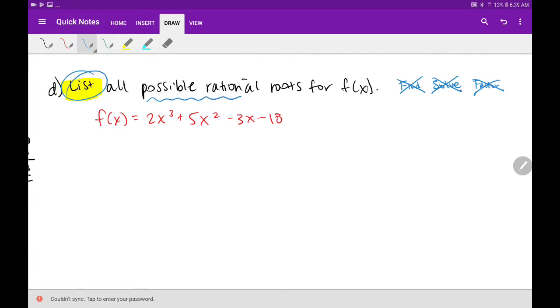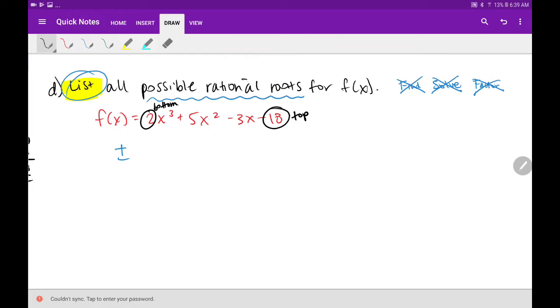So when we're listing possible rational roots, that's when we do the plus or minus, the factors of the constant term at the top, and then the factors of the leading coefficient at the bottom, or in the denominator. That's it, just list them out and then do all those combinations.